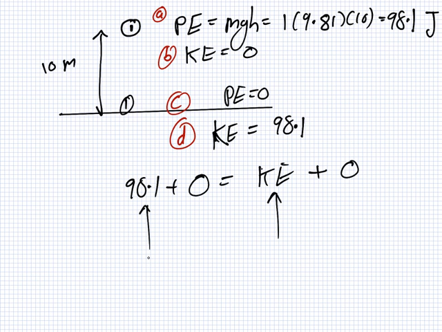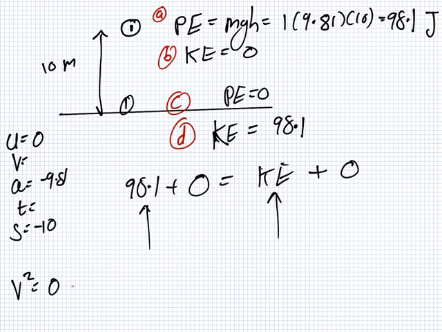Now, if you calculate the v, we'll get the same answer. u is 0, v we don't know, a is minus 9.81, t we don't know, and s is minus 10. v squared equals u squared plus 2as.